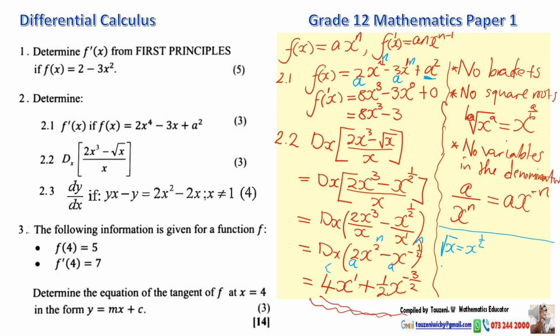The cube root of x is the same as x to the power of 1/3. The fourth root of x is the same as x to the power of 1 over 4, and so on. This is the law that we use to change roots. So in that way, our questions 2.1 and 2.2 are answered.